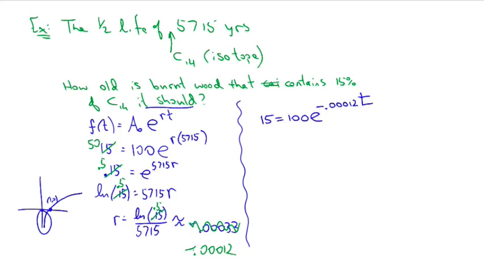Now we get that 15% is equal to e to the negative 0.00012t. You take ln and divide, and you're going to get t is equal to ln of 0.15 divided by negative 0.00012.